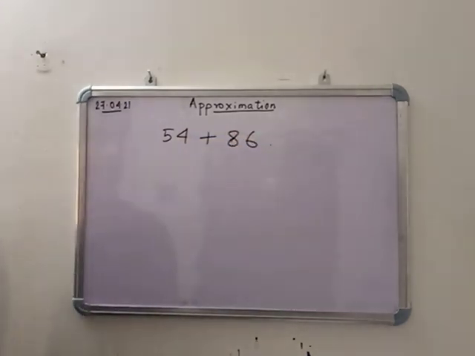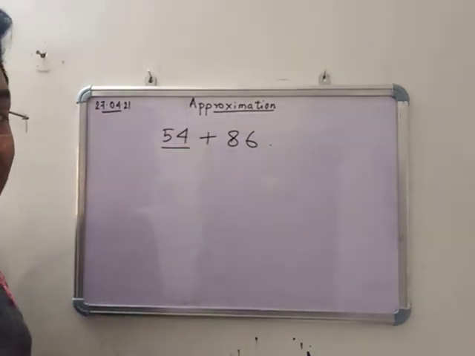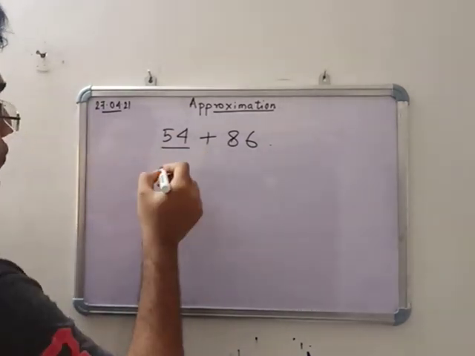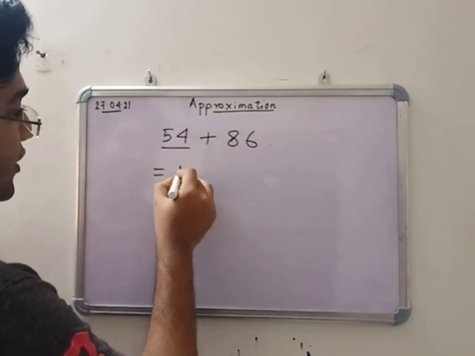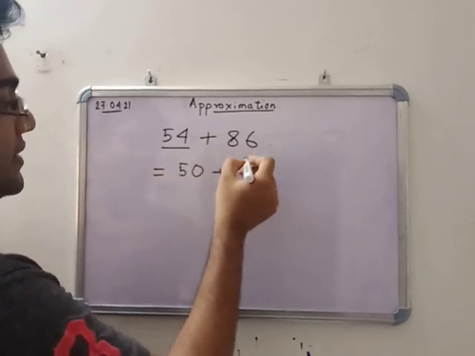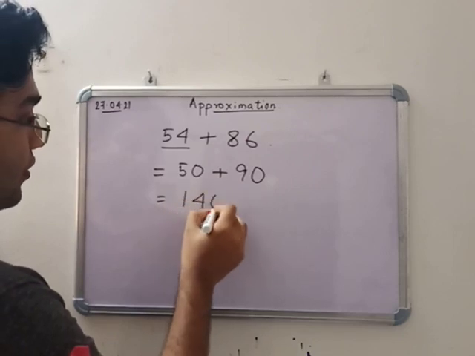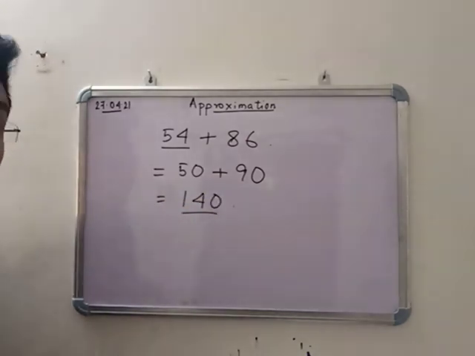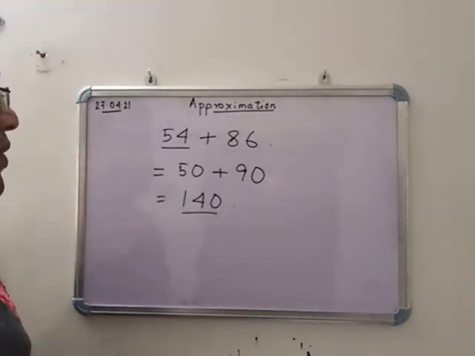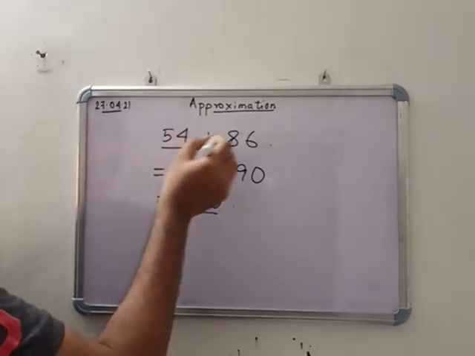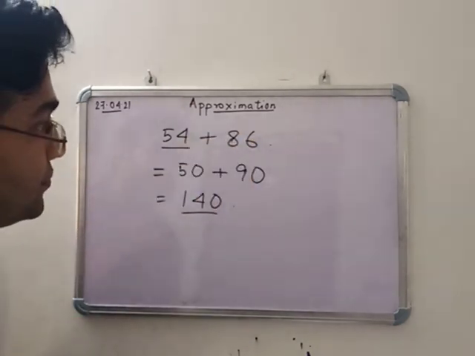See that 54 rounded off is 50, and 86 rounded off is 90, that means 150. This is the approximation of the sum of 54 and 86.